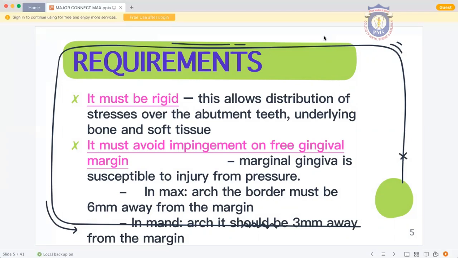The marginal gingiva is susceptible to injury, so we must avoid impingement of the free gingival margin. In the maxilla, the arch border must be kept 6 millimeters away from the margin, and in the mandibular arch it should be kept at least 3 millimeters away from the free gingival margin.